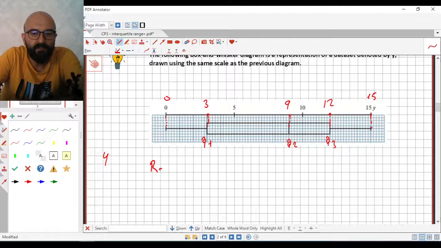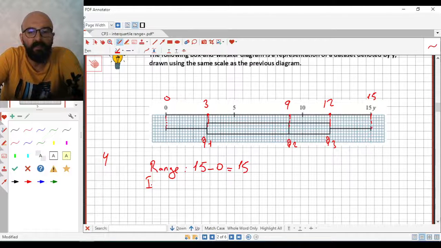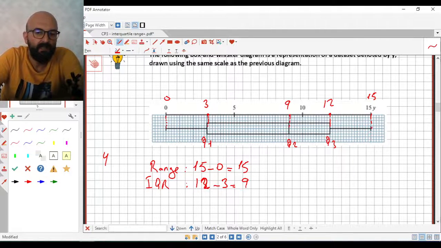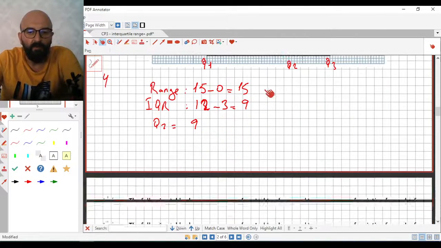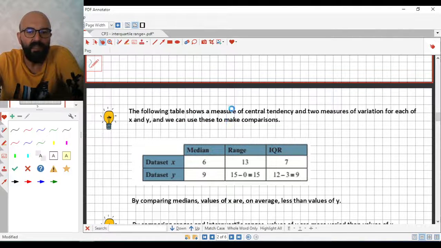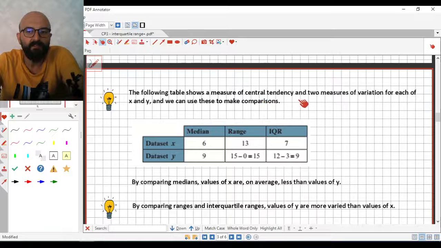If we want to find the range, we should do 15 minus 0, and if we want to find the interquartile range, we should find Q3 minus Q1. And our median is 9.